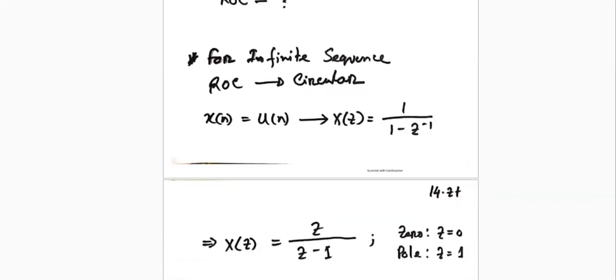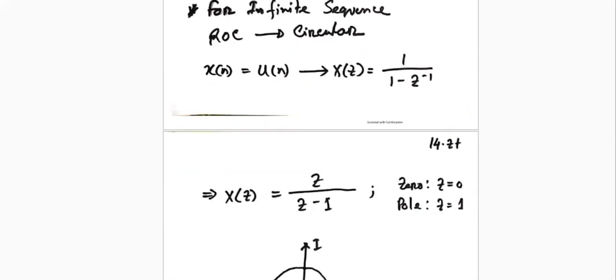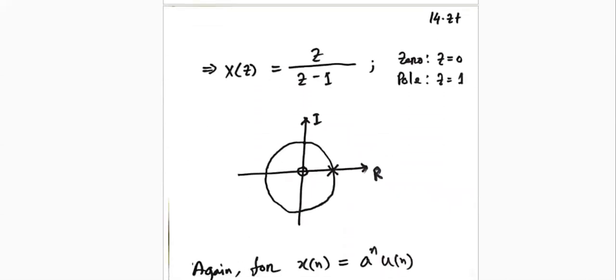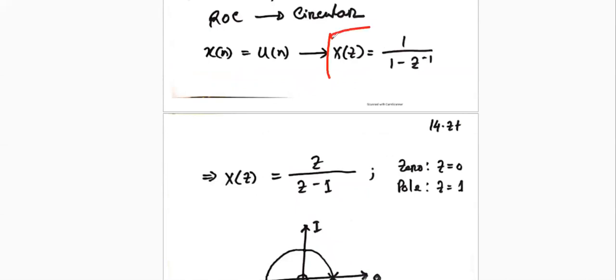We have already shown that for an infinite sequence, the ROC looks circular. We have done it for u[n]. We have found the ROC, and this is the mathematical expression.